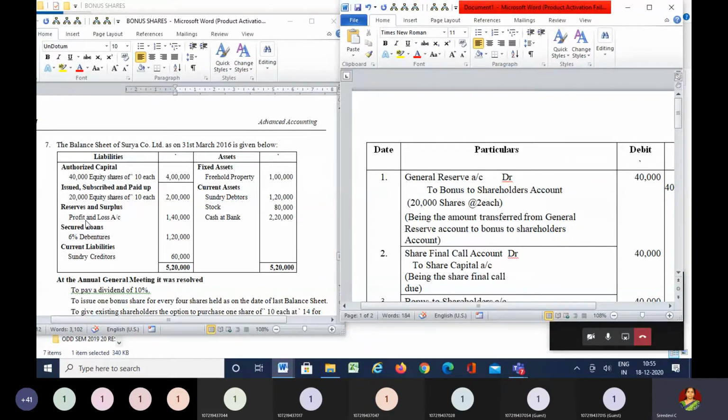So whatever the company decides to declare, either dividends or new bonus shares, the amount has to be utilized only out of the P&L account. For the first one, as they have decided to pay a dividend, let us make the entry.